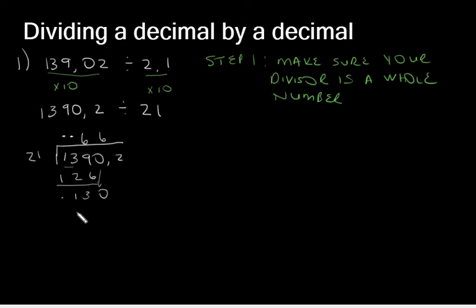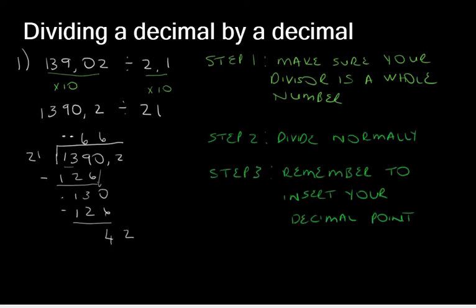And 6 times 21 is 126. 130 minus 126 is 4. And so that gives us 4, and we carry down the 2. Now 21 divides into 42 twice, and that will give us a remainder of 0.